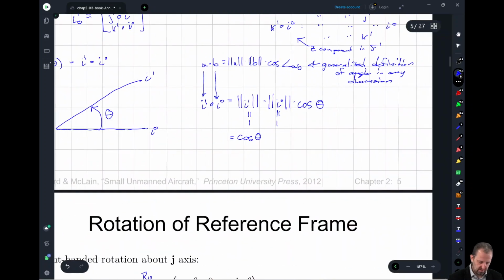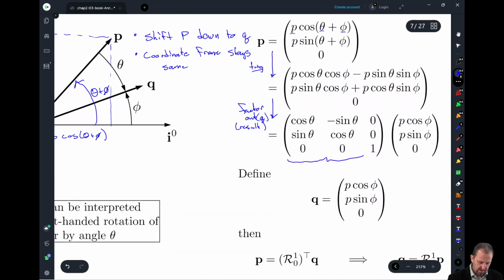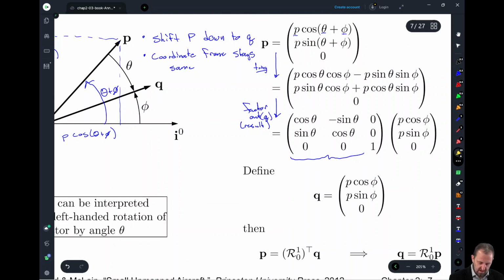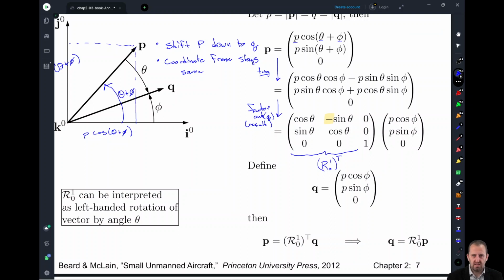So if we come back down here, we now have the minus in the upper right location instead of the lower left. So this is equal to our R 0 to 1 transpose. We've rotated it back by theta, and that's just the transpose of our rotation matrix from 0 to 1 that we defined earlier.